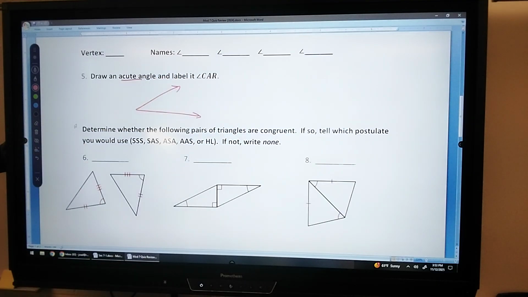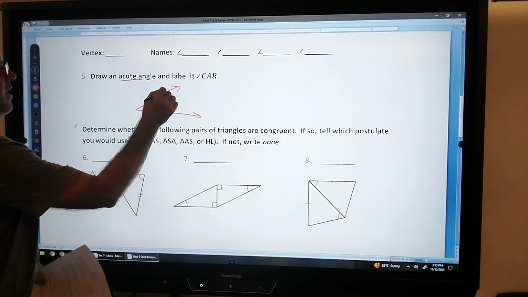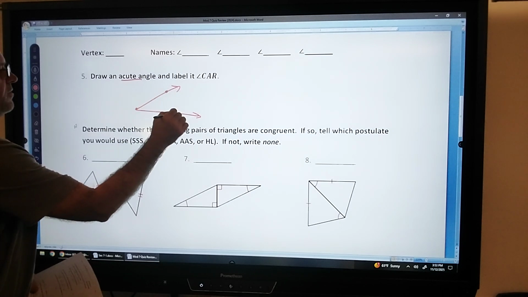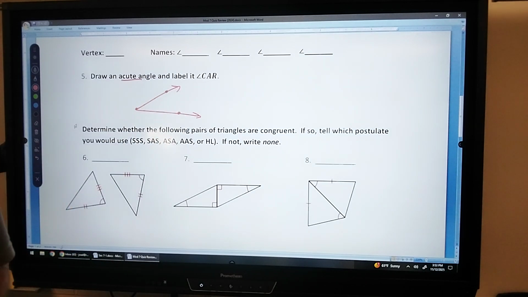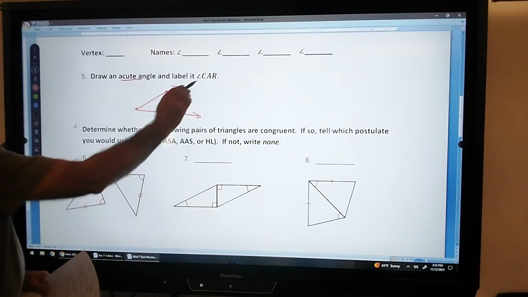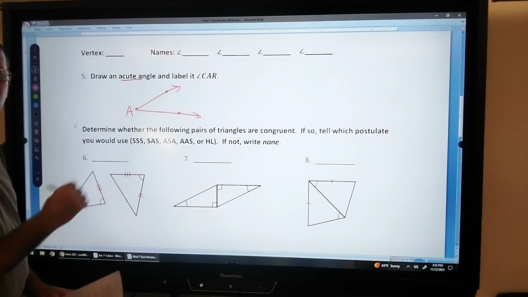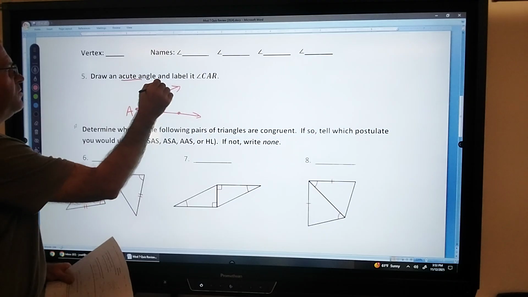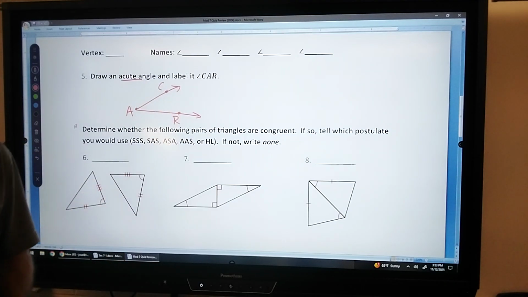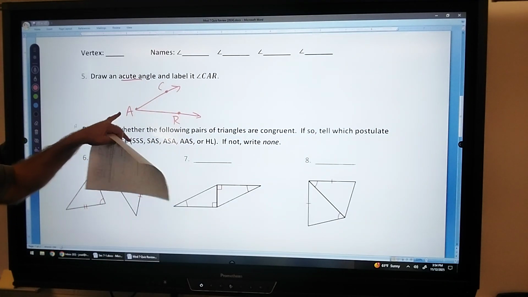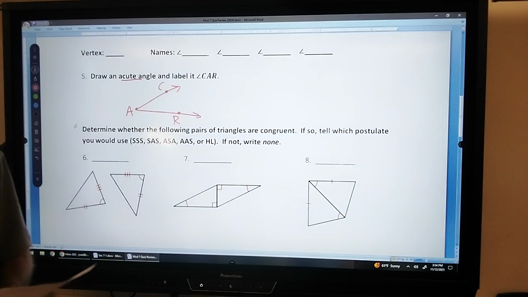And I have to label it, and it's given me 3 letters, so I have to do 3 dots. And the only letter I'm really concerned about is the middle one. The middle one has to go at the vertex. The other 2, you could have switched those around, but you have to have letter A as the vertex. So that's acute.